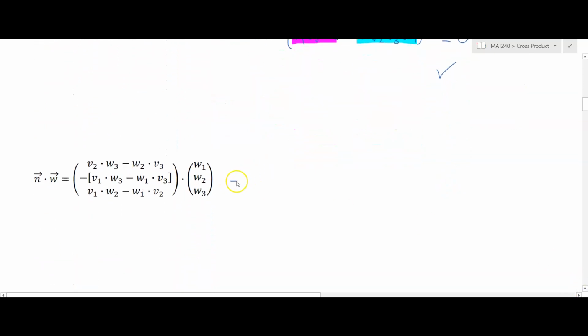Let's verify it for w. Again, we'll conduct the dot product. Here we'll have w1 multiplying this term, v2 w1 w3. And then we'll have w1 times this term, which will be minus v3 w1 w2, just keeping them in order so they're easy to see as they cancel out.